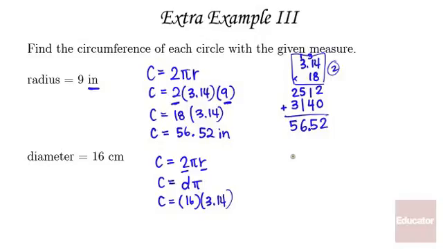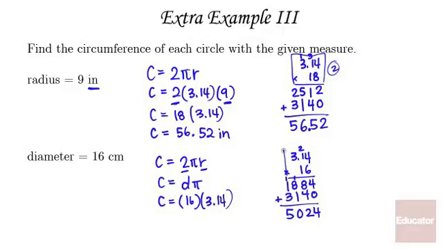So here, 3.14 times 16. 6 times the 4 is 24. 6 times 1 is 6, plus 2 is 8. 6 times 3 is 18. Place a 0 there. 1 times 4 is 4, 1 times 1 is 1, 1 times 3 is 3. Add: this is 4, 8 plus 4 is 12, then 8, 9, 10, and 3, 4, 5.